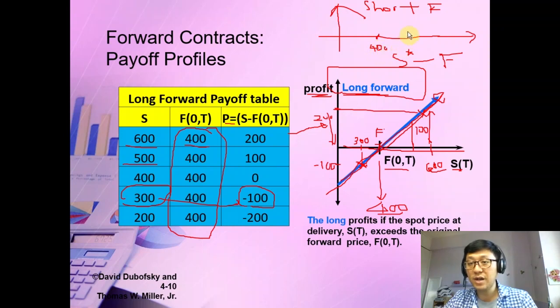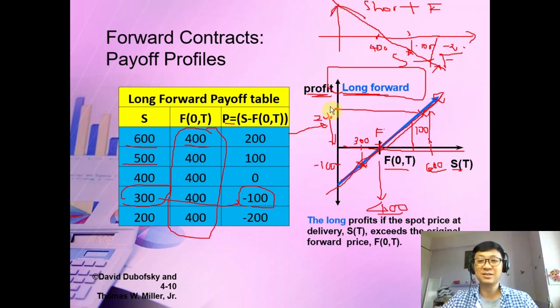So if it's a 500, I have a loss of minus 100 because the short has to pay this 100. Then if it's a payoff of 200, the money comes from where? It actually comes from the short party. So you have another minus 200. So you will end up having a graph that looks like this.